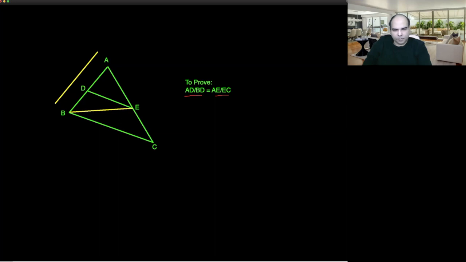And obviously the base of the triangle ADE is AD, and the base of the triangle BDE is BD.